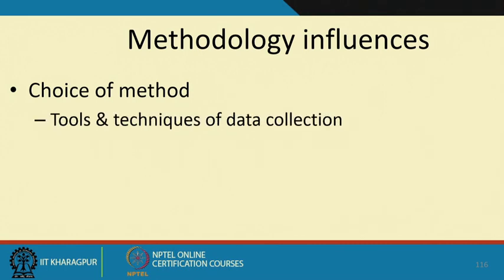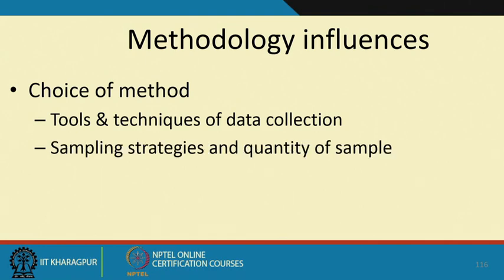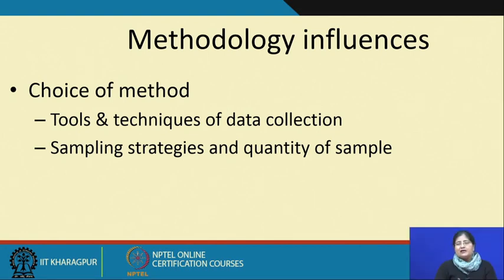So, your choice of method is critical here, and within that method, the tools and techniques of data collection, how will you collect, what method you will use, will in turn determine what kinds of tools and techniques you will use for data collection. The sampling strategies and the quantity and quality of sample, quantum of sample, how many people are you going to interview, how many traits are you going to measure, etc.